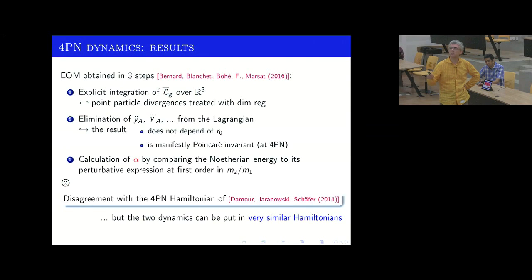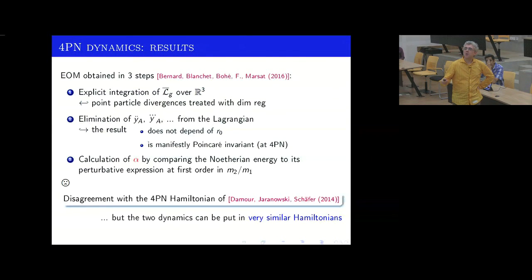We have reduced the Lagrangian, eliminating the higher order derivatives of the matter variables. And the result does not depend on the cutoff R0 anymore. It is manifestly Poincare invariant. It has most of the properties we can easily check. It possesses all.